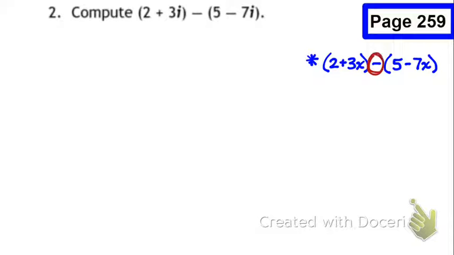I need to distribute this negative because we're going to be subtracting. What's negative when I distribute it to a 5? Negative 5. What do I get when I distribute a negative to a number that's already negative? Turns it into a positive. So this is going to become a plus 7x. Nothing changed about my 2 plus 3x.